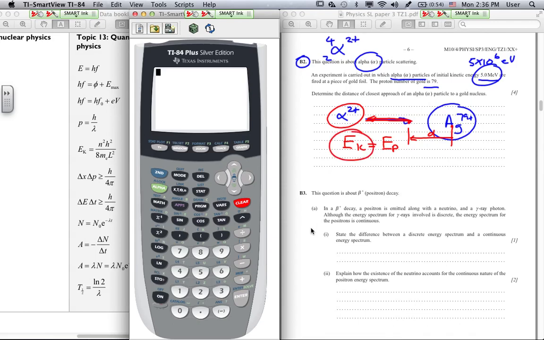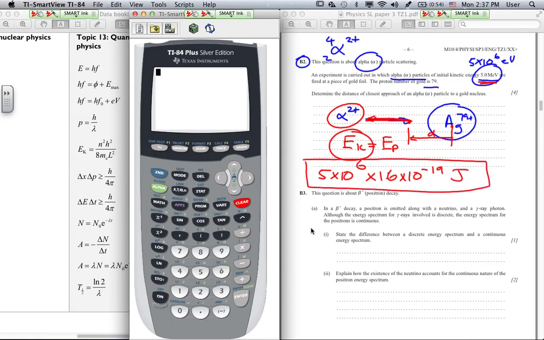Now your kinetic energy is 5 times 10 to the 6 eV, so that's times 1.6 times 10 to the negative 19 joules. That's the kinetic energy that it has. So that's your Ek. But what about your EP?